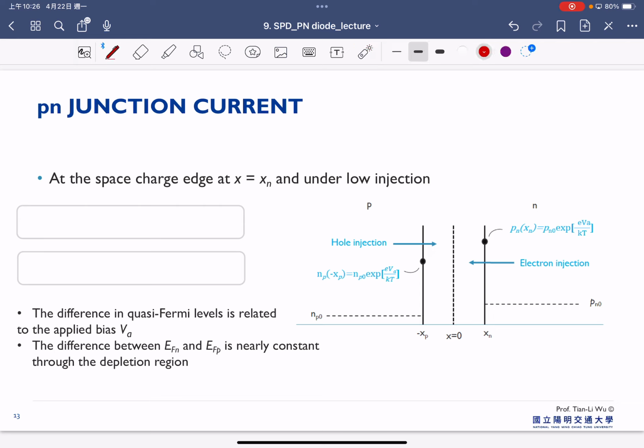Therefore, we can further reconsider the equation: N0 P at XN is equal to N0 PN0 exponential VA over VT, and this is exactly equal to Ni squared exponential VA over VT.